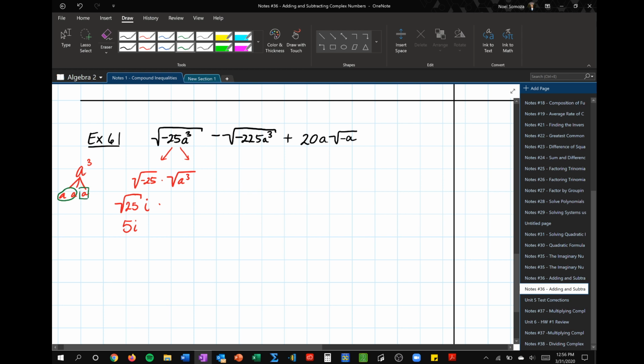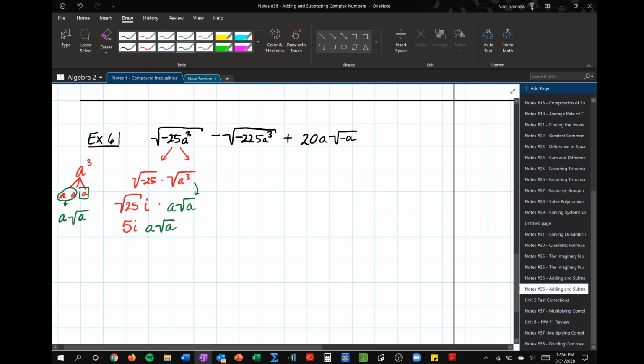That means I have a square root, this a will go back inside, and this pair of a's escapes, so together they form one a on the outside. So what do I have now? I have a root a. That's what the root of a to the third becomes, a root a. I bring that down.